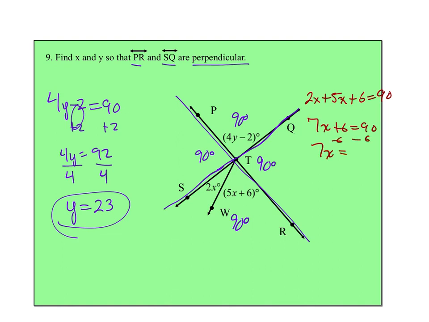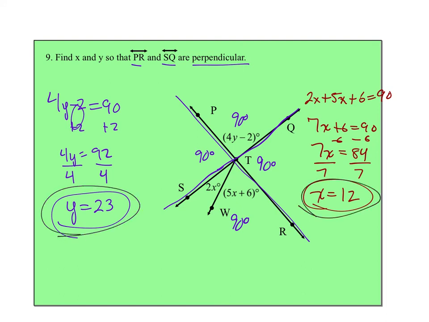So 7x is going to equal 84. And then when I divide that, x is going to equal 12. So now these values, 23 for y, 12 for x, make it so that these two are 90-degree angles. By making them 90-degree angles, that makes them perpendicular.